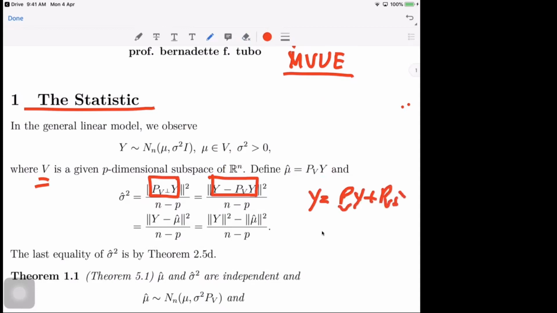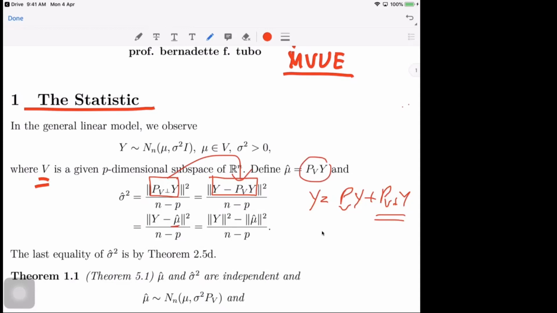And then, of course, you can always write the projection of y onto V perp as the difference of y and the projection of y onto V. So you have that result, the lemma from earlier. And then, substituting the projection of y onto V by mu hat, you have that.